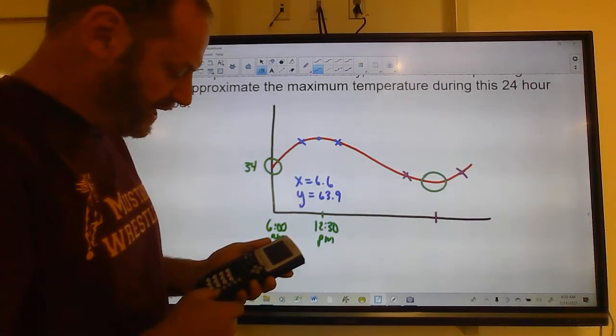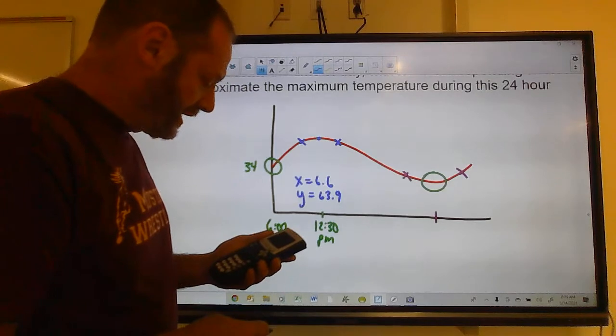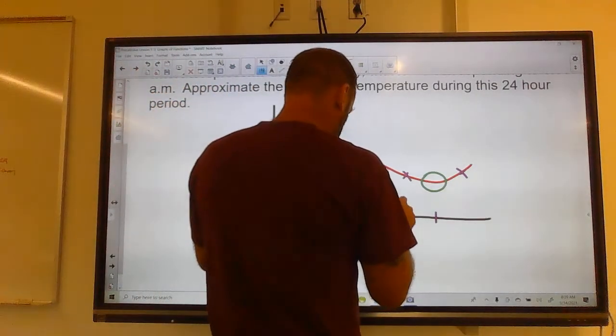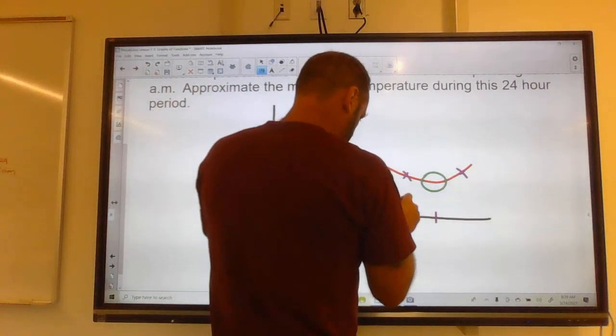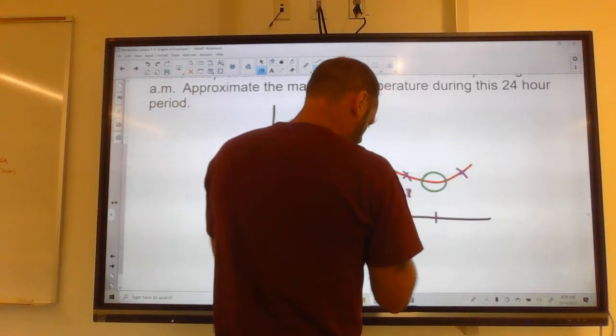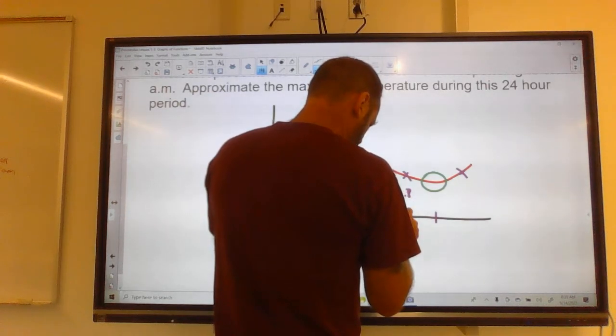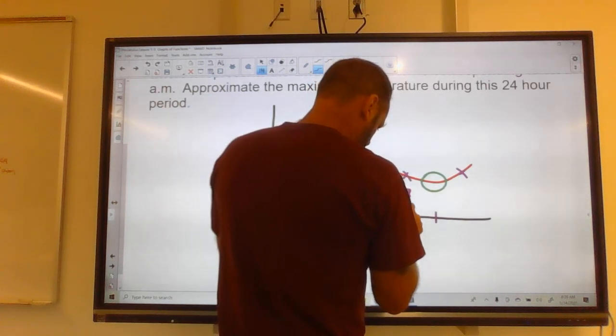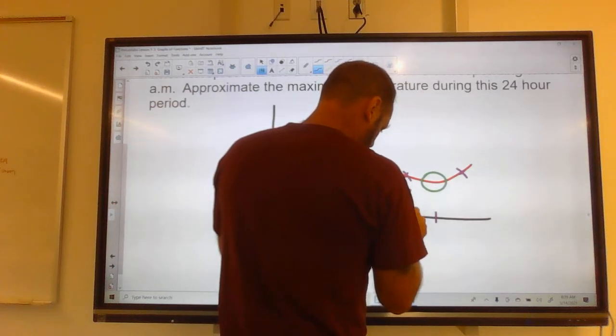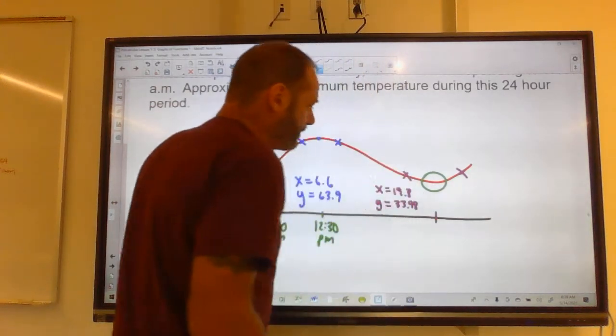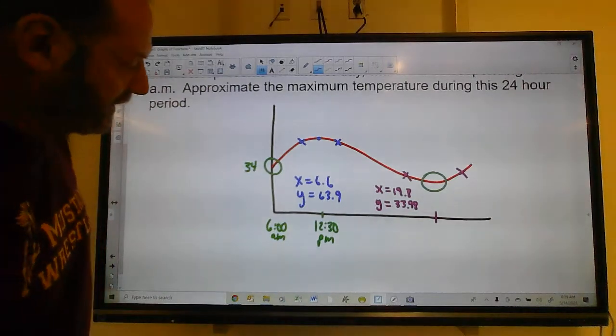And I hit enter again. This is guess. And it gives me x equals 19.8. And y is 33.98. Okay, so what does that mean?